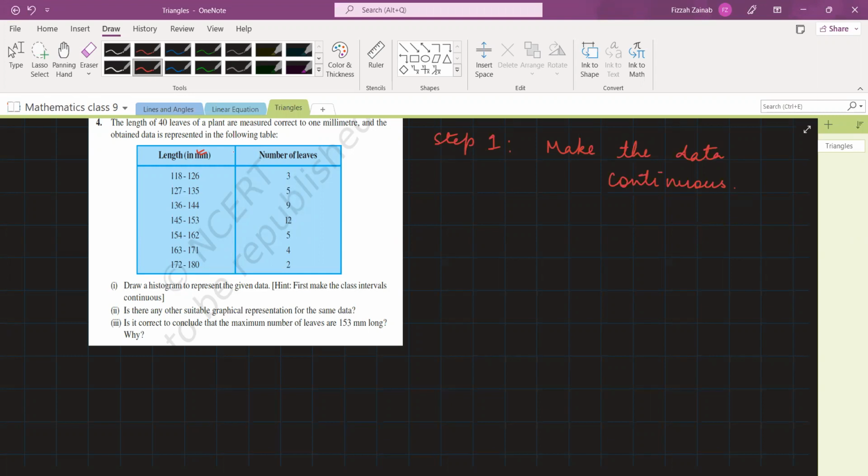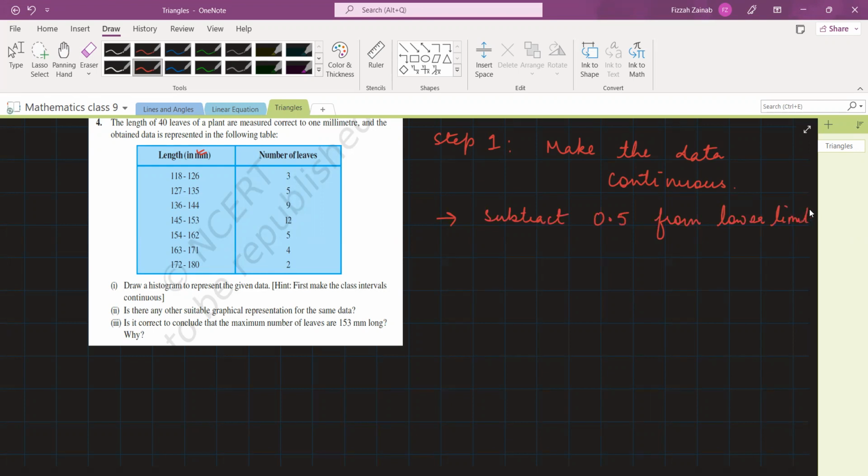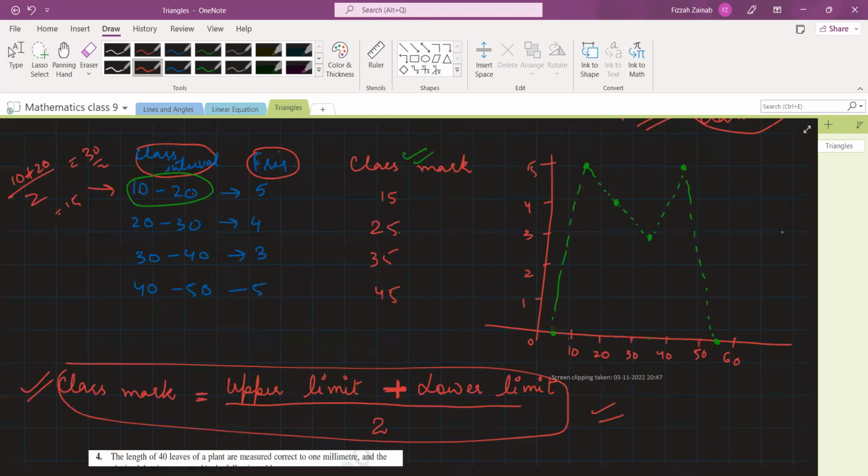And we subtract 0.5 from the lower limit. So the step is subtract 0.5 from lower limit, right? Sorry.